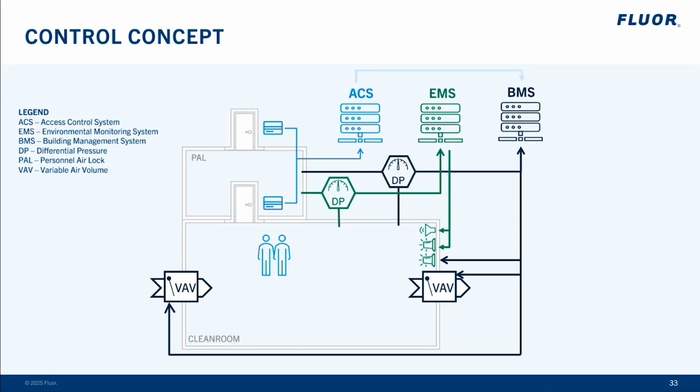It can also trigger alarms if needed. Finally, the ACS, Access Control System, does more than just manage who can enter the room. It also tells the BMS how many people are inside. Together, these systems create a smart, integrated approach to cleanroom ventilation.